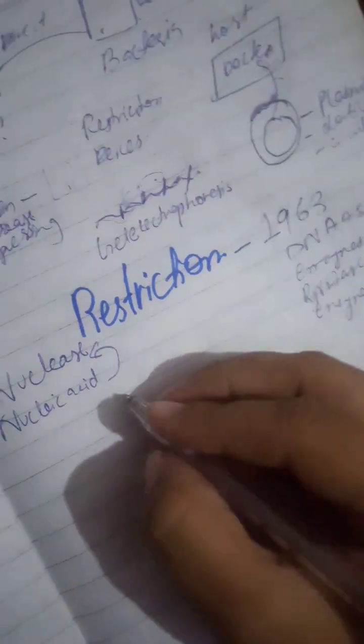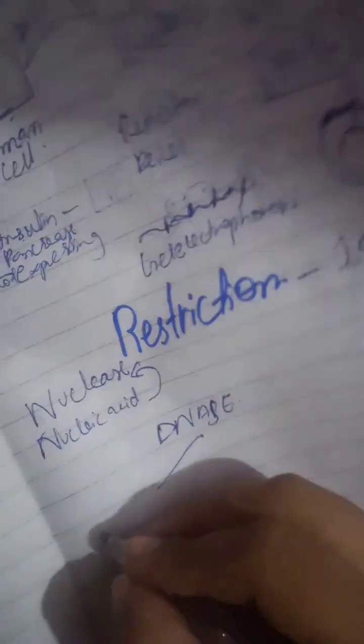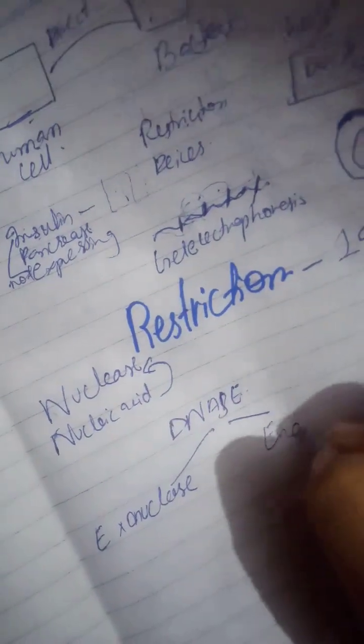There are two types of nucleases: the first is exonuclease, the second is endonuclease.